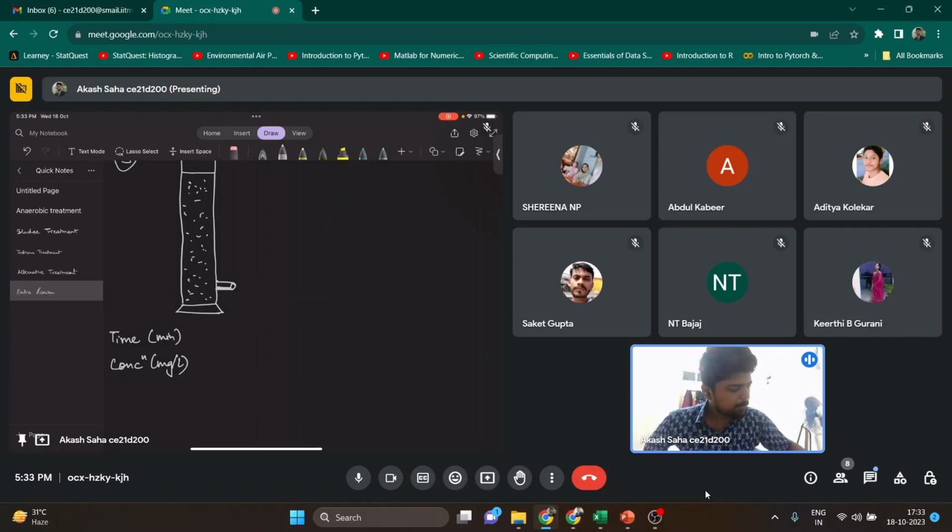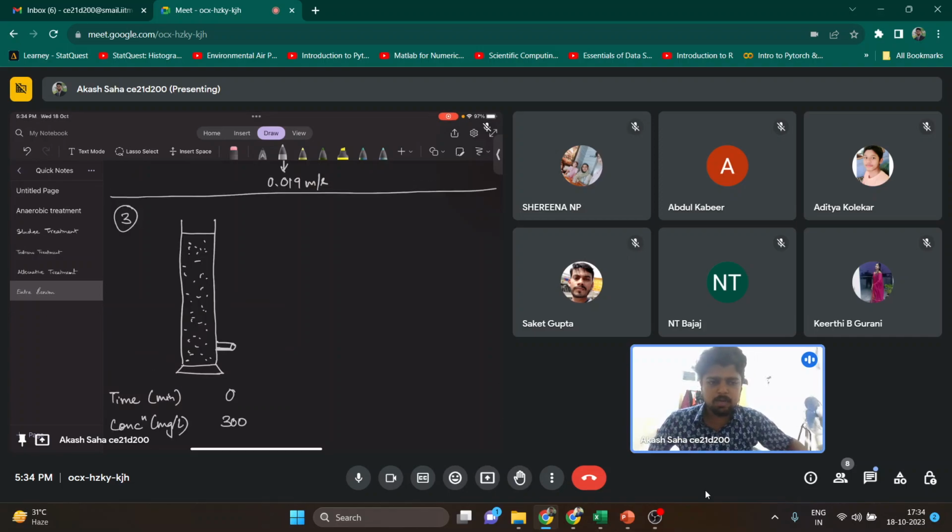So what is this concentration? Suppose we are starting at 0.00 minute where my concentration is given as 300 milligram per liter. So 300 milligram per liter concentration of particles are there inside and we have started the experiment. After some time, the particles will start settling and I am considering it to be type 1 settling.